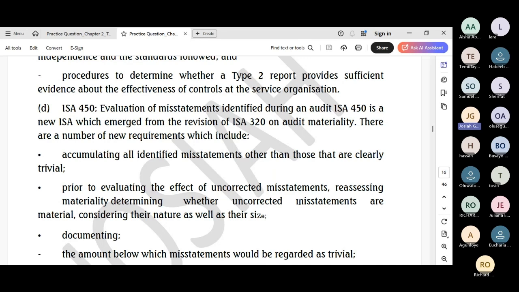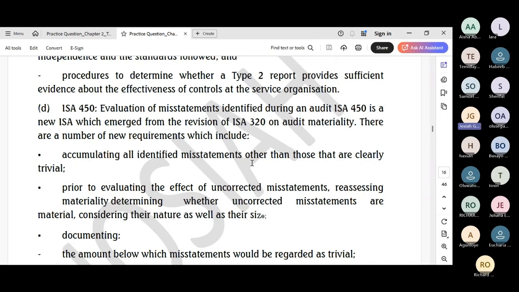And the requirement is to reassess materiality before the evaluation of the effect of uncorrected misstatements on the financial statements. So the requirement is to determine whether uncorrected misstatements are material by considering both nature and size.